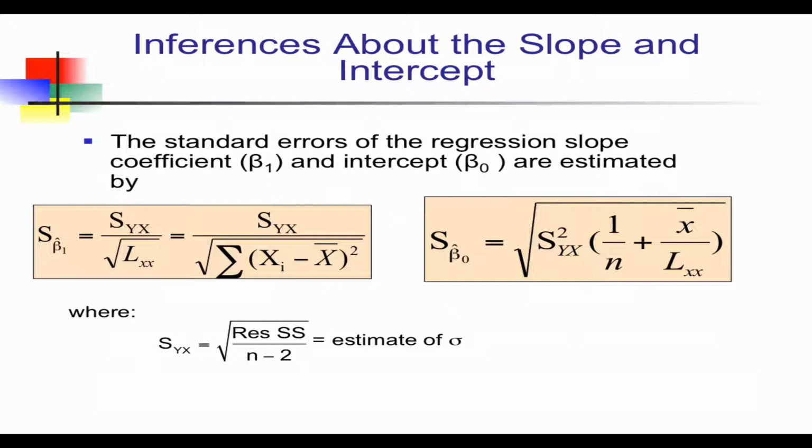So the standard error of beta hat 1 is in this formula, which is SYX over the square root of LXX. Remember, SYX is sigma hat, like we talked about: the residual sum of squares over n minus 2, then take the square root. And LXX is the summation of the squared distance of xi.